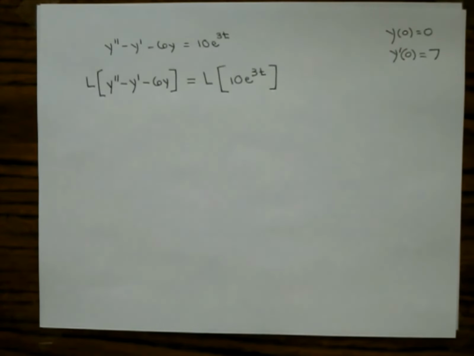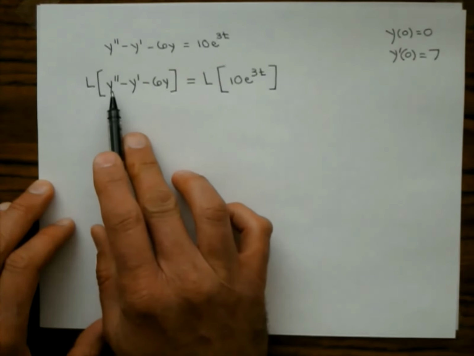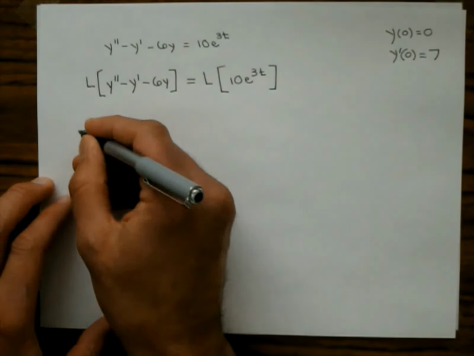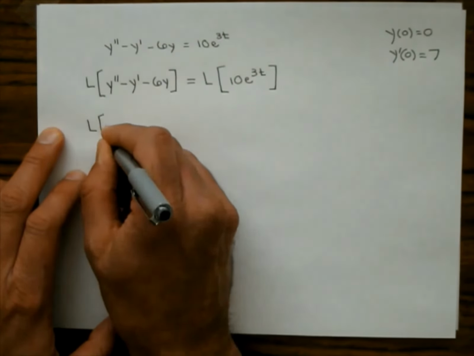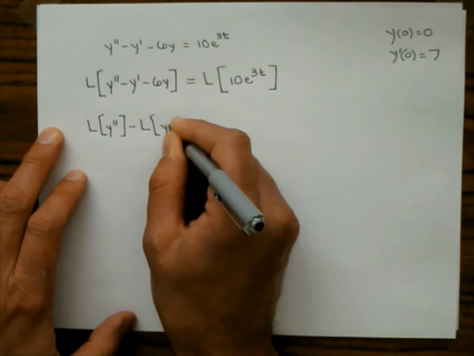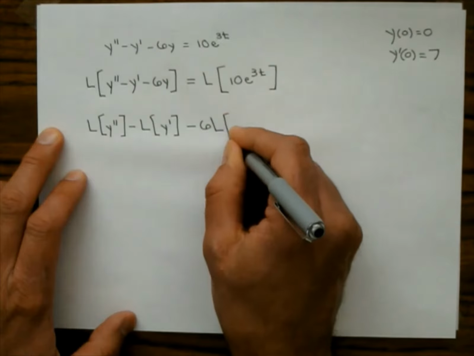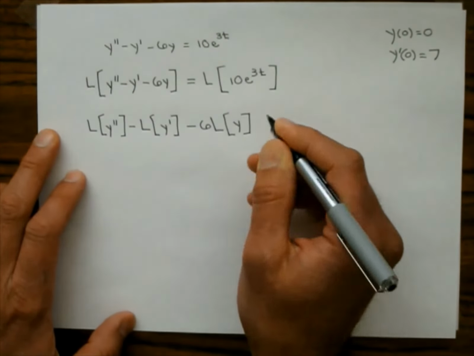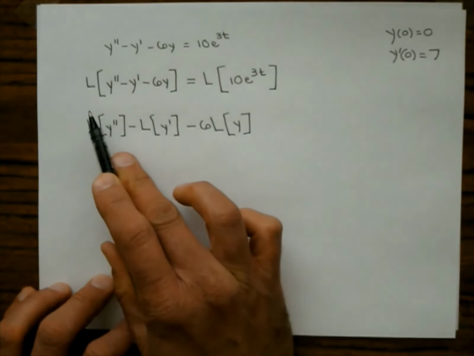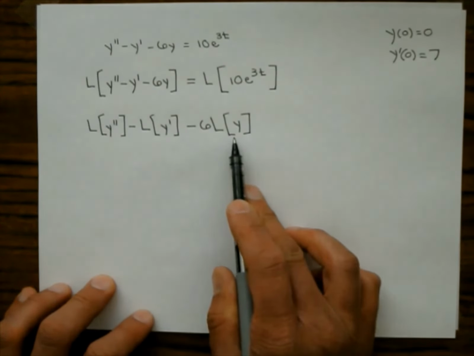Because the Laplace transform is a linear transformation, you can bring it through, and this is really the Laplace transform of y double prime minus the Laplace transform of y prime, etc. Then minus 6 times the Laplace transform of y. If I was taking the natural log on both sides of an equation, I wouldn't be able to do this, because the natural logarithm is not a linear transformation. But with linear transformations, we can do all those things that we dreamed about doing.